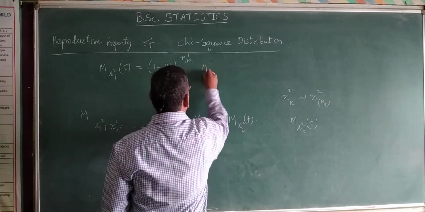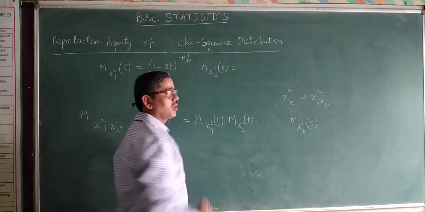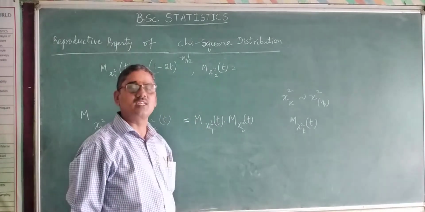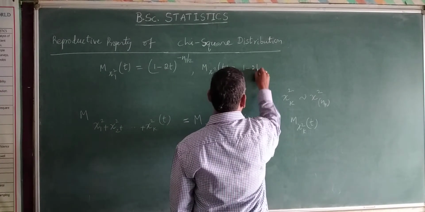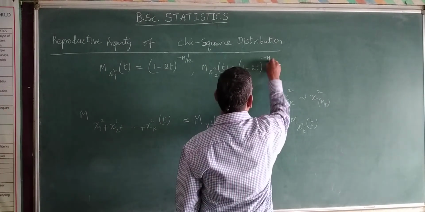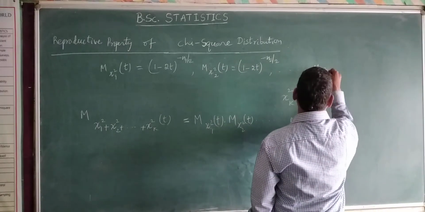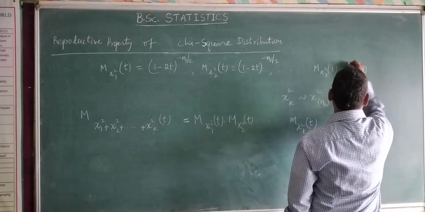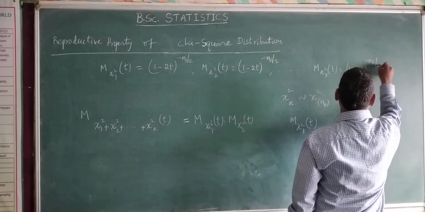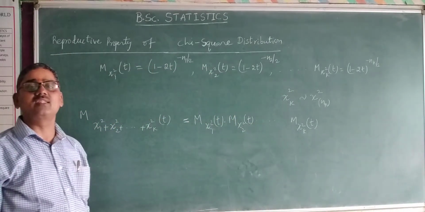Similarly, since chi-square 2 follows a chi-square distribution with n2 degrees of freedom, its moment generating function is (1 minus 2t) to the power minus n2 by 2, and so on. The moment generating function of chi-square k is (1 minus 2t) to the power minus nk divided by 2.